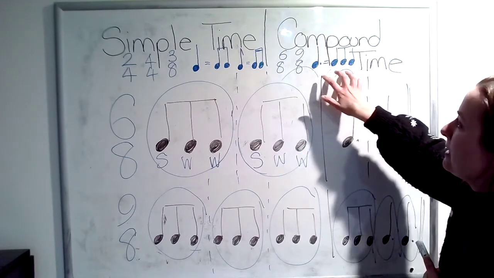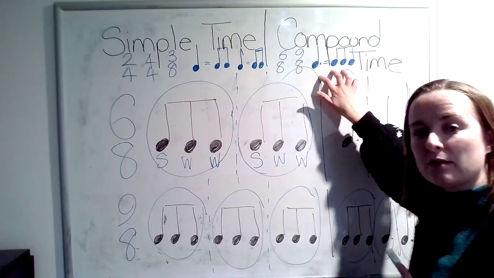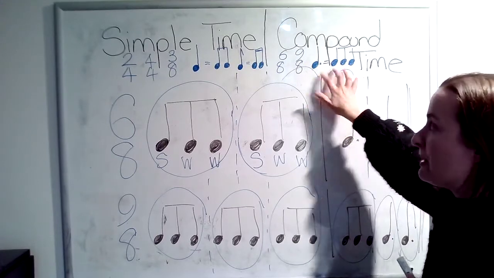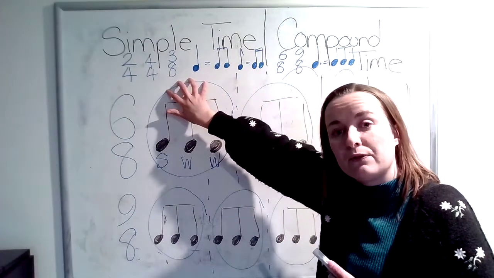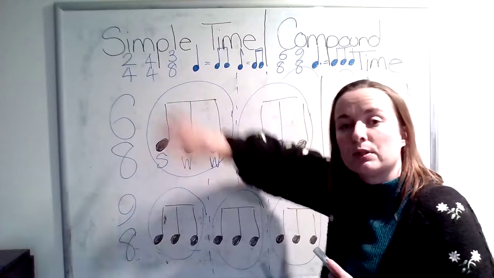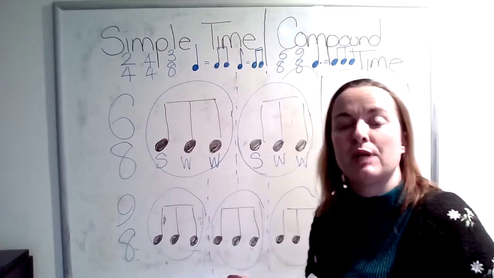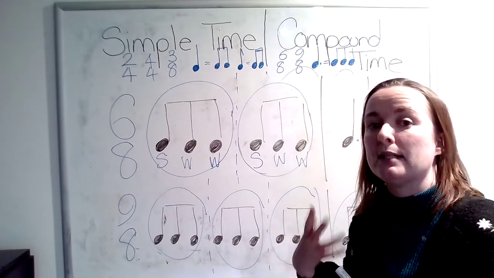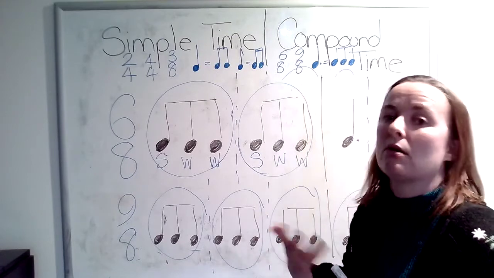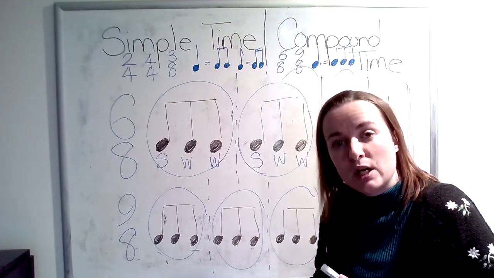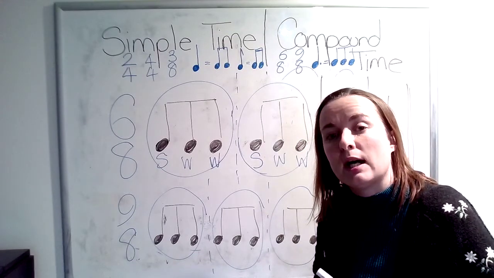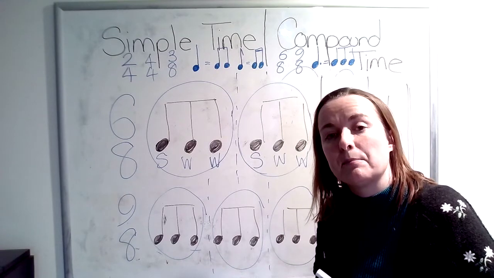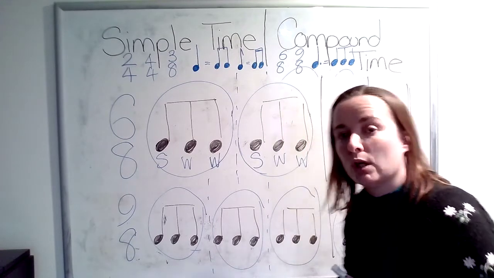So this means the feel of a piece of music written in compound time is very different to the feel of music written in simple time. So if you're writing out your own rhythm, whether it be to a piece of music, to a song, to lyrics, the first thing you need to decide is whether you're writing in simple time or compound time.